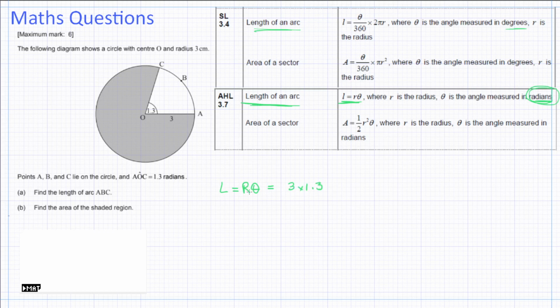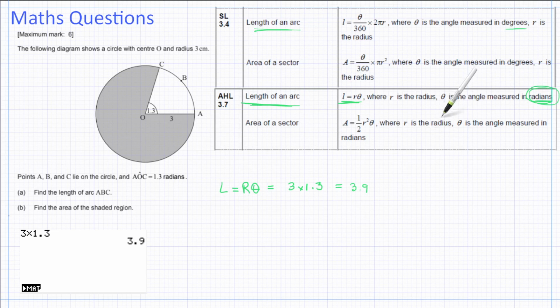Since the radius is in centimeters and your angle is in radians, your result will be in centimeters. So very simply, I wouldn't even need a calculator to do that, but we can just avoid any mistakes, right? So 3.9, right?